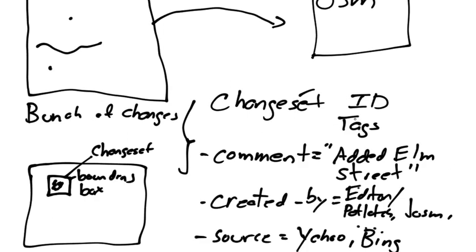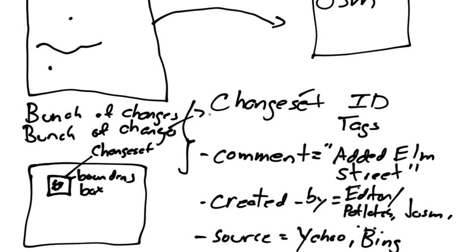Now, I just want to go over one small thing, and not in great detail, but if you notice here, I said we have a bunch of changes, and that goes into a change set. That's because we can have multiple bunches of changes into one change set. So a change set is not one change or even one set of changes.